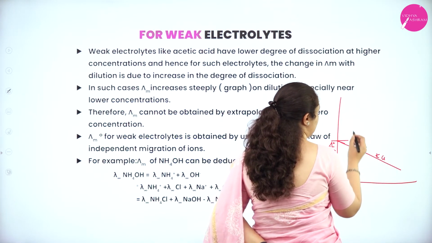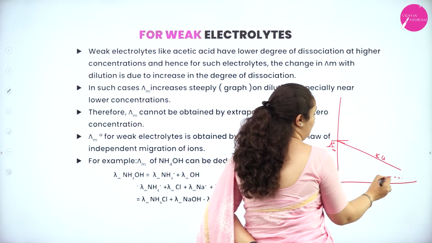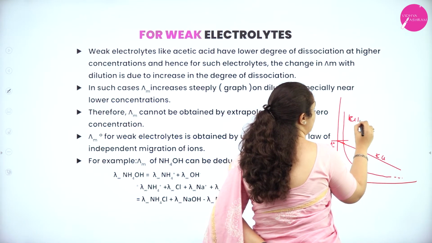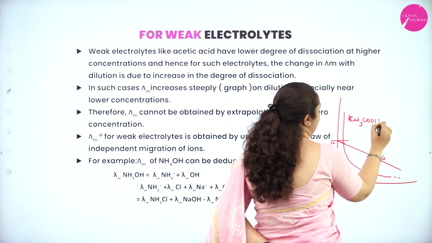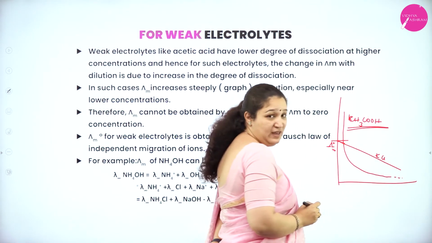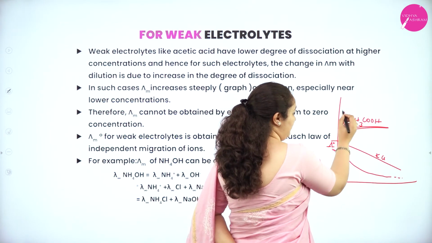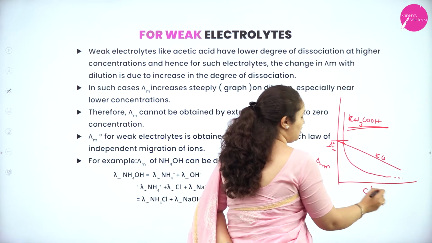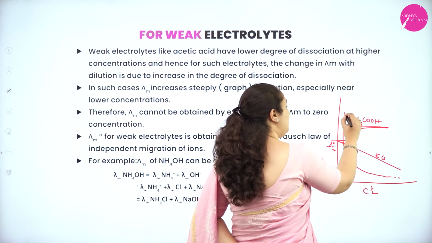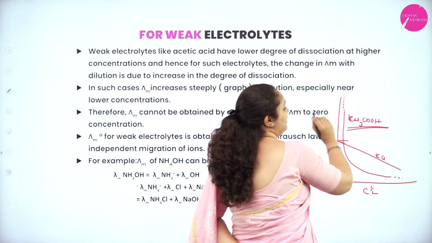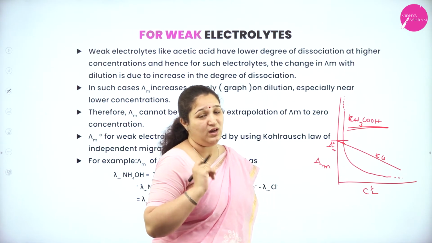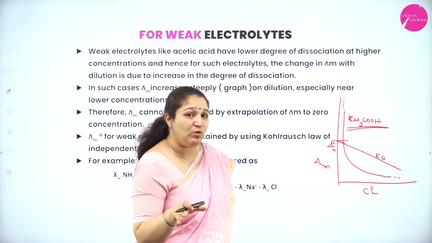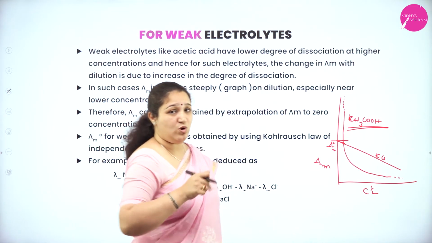Whereas if we take a solution like CH3COOH, that is acetic acid, which is a weak electrolyte, you get a graph like this, in which this is the molar conductivity and this is concentration to the power half. However much we extrapolate, we never get a limiting molar conductivity. Now, how to calculate the limiting molar conductivity using Kohlrausch law?